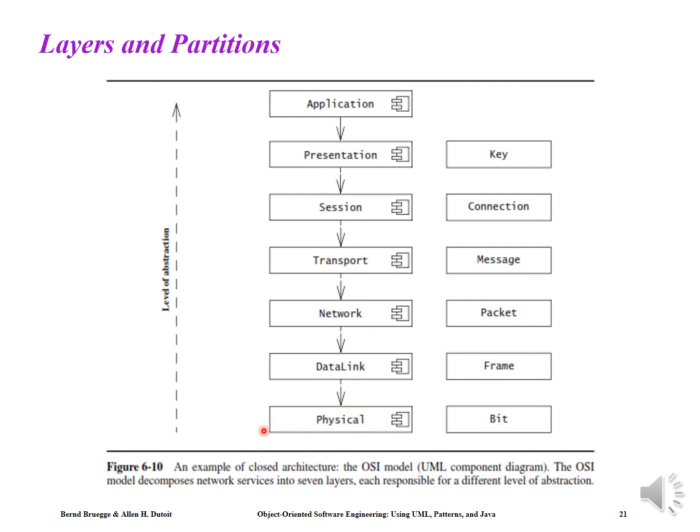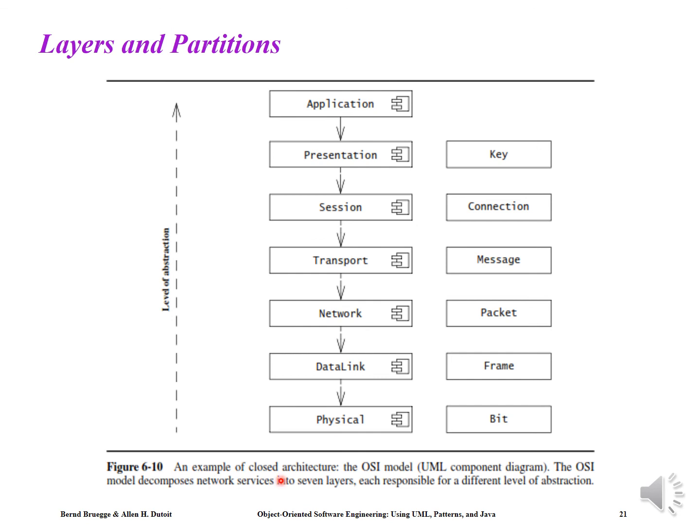Another architecture is open architecture, which indicates that a layer can use services of the layer immediately below it as well as the deeper layers. Like if the transport layer is using the services of the network layer as well as the data link and physical layers.